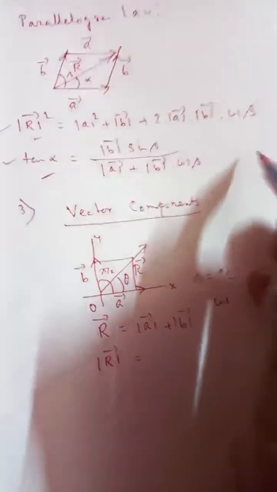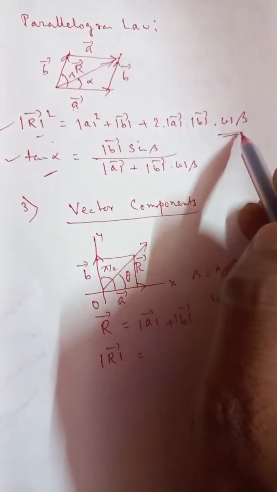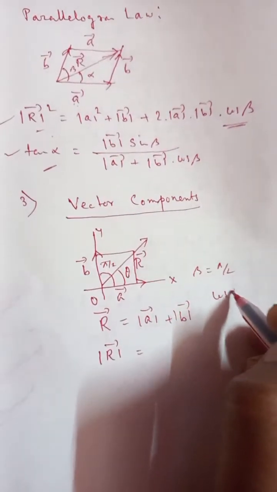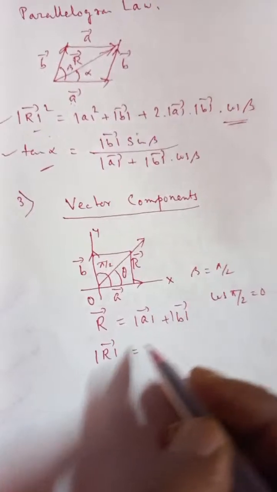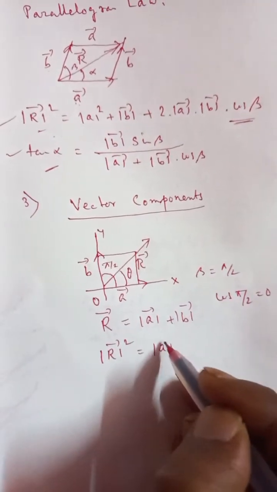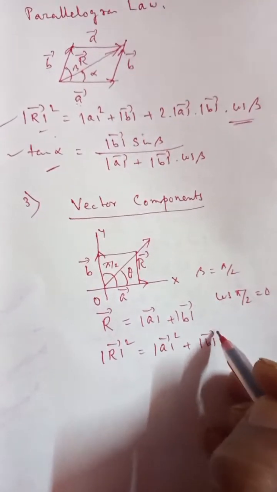if we look at the earlier calculation, beta is equal to pi by 2, so cos pi by 2 is equal to 0. So mod of R vector whole square will be mod of A vector whole square plus mod of B vector whole square.